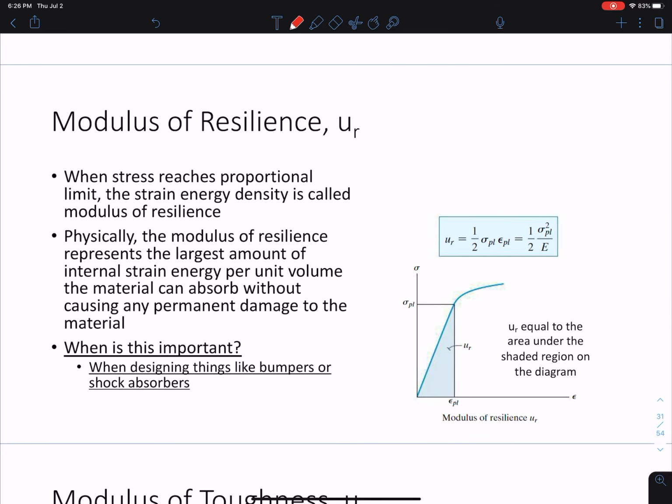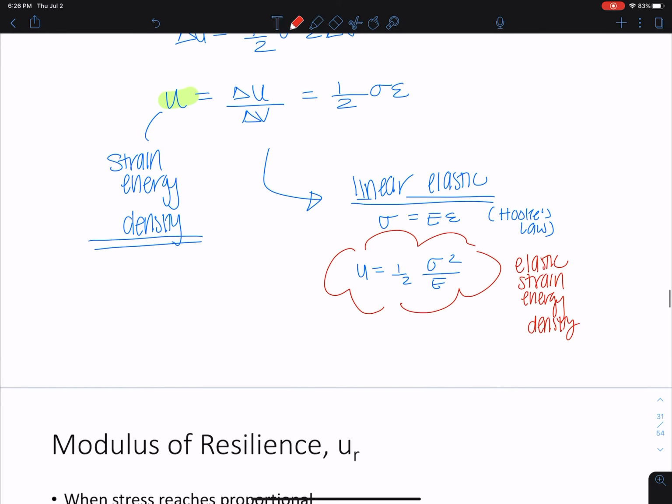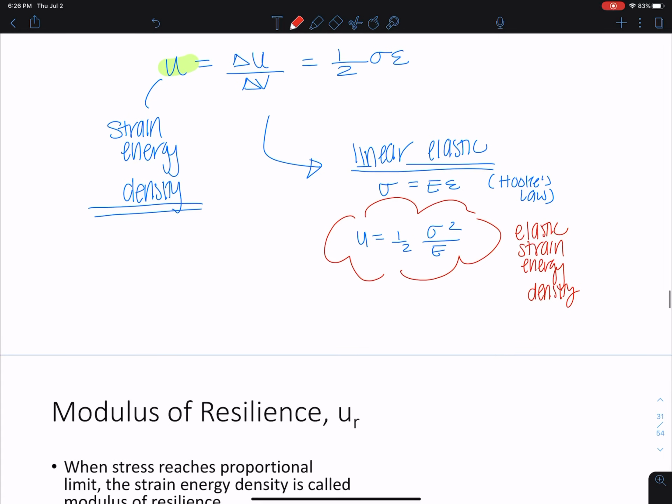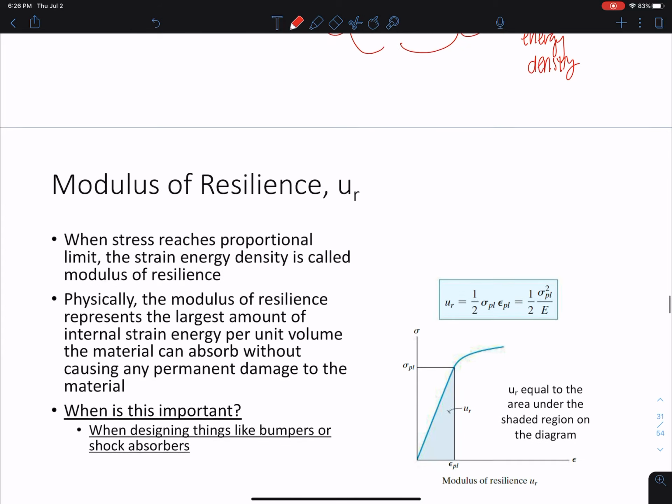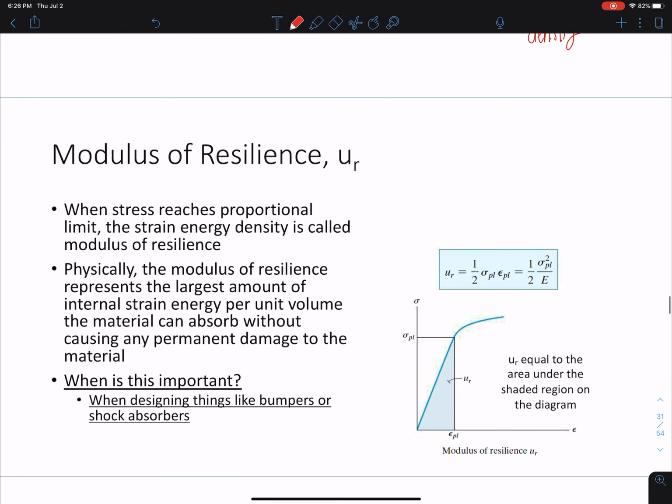Okay. One more very important factor to talk about is the modulus of resilience. And I kind of put all the information on this slide for you already. So basically here, this is our modulus of resilience, or U, and it is a function of our sigma and E. And all you'd have to do to get this modulus of resilience is take the area under the stress strain diagram.